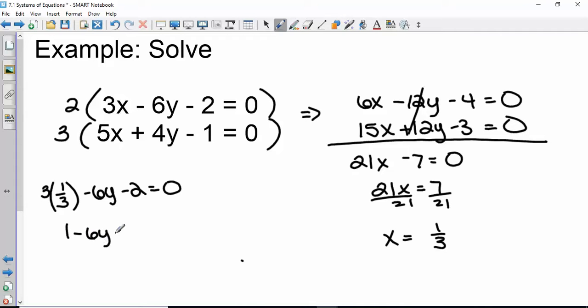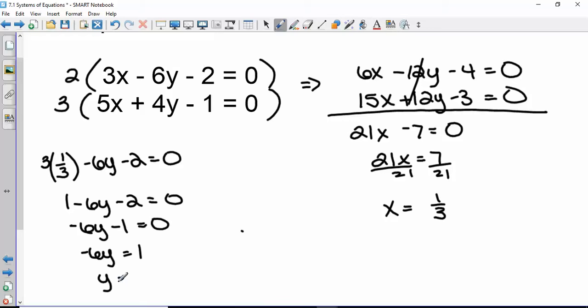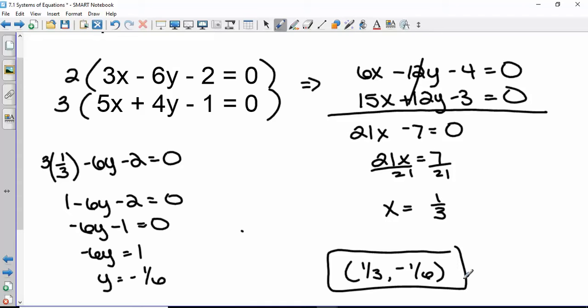So 3 times 1/3 is 1. 1 minus 2 is -1. So 1/3 -1/6. Sorry.